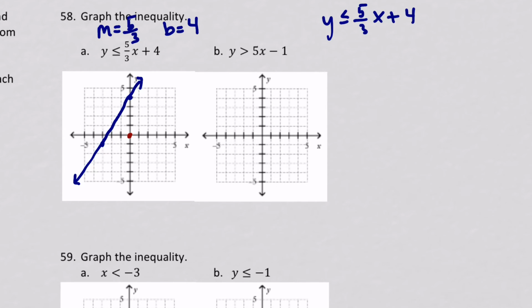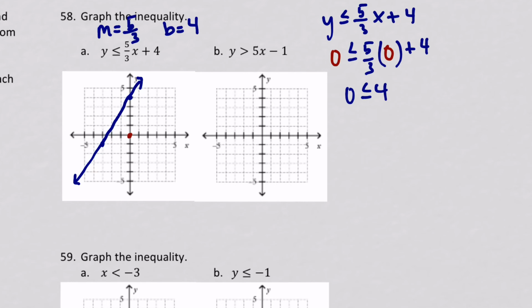Okay, so we're going to plug in 0, 0 into our equation, and it's going to look like this. 0 is less than or equal to 5 over 3 times 0 plus 4. Simplify that down and you're going to get 0 is less than or equal to 4. And then what you have to do is look at that and say, is that true?